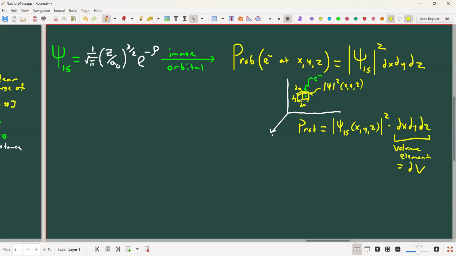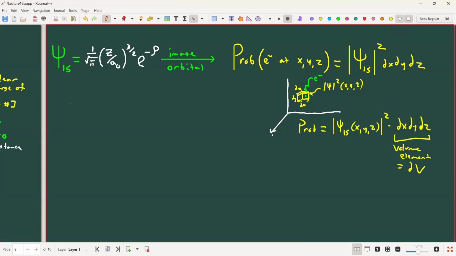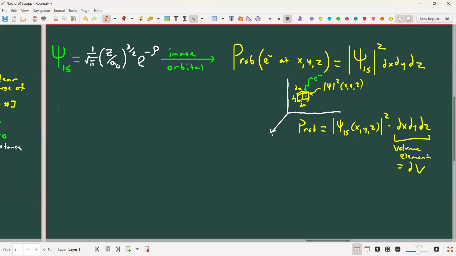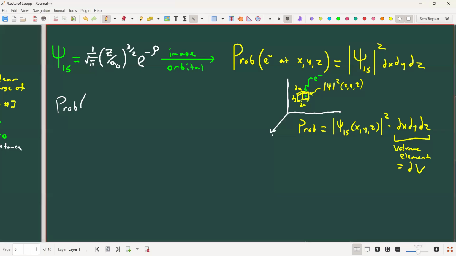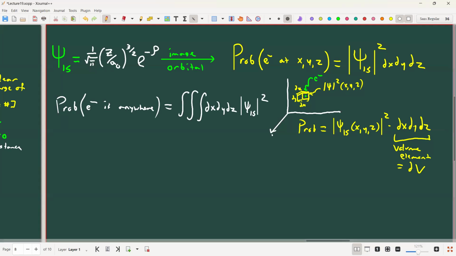Little volume, right? And the reason why we have to append this little volume to it is the fact that the probability the electron is anywhere is the integral over the entire box dx, dy, dz times psi 1s squared, right?